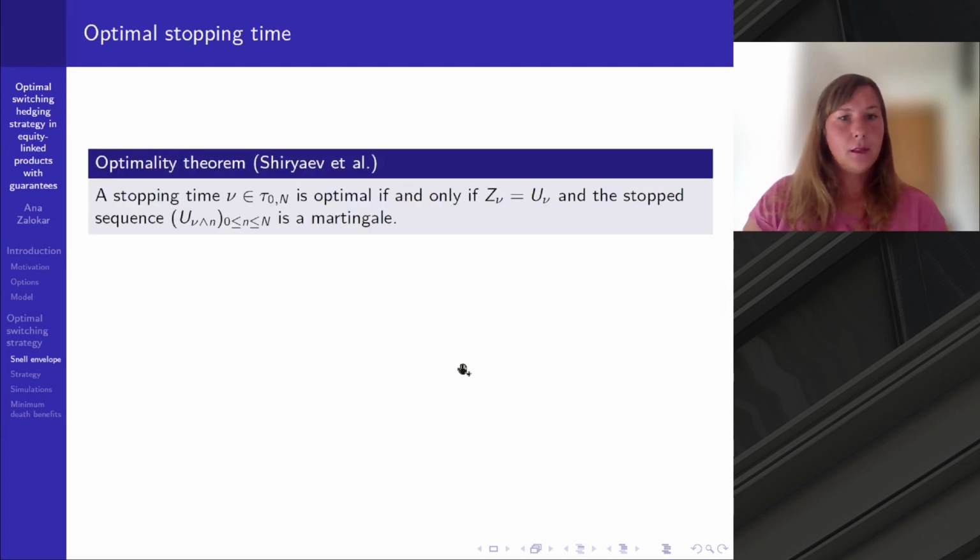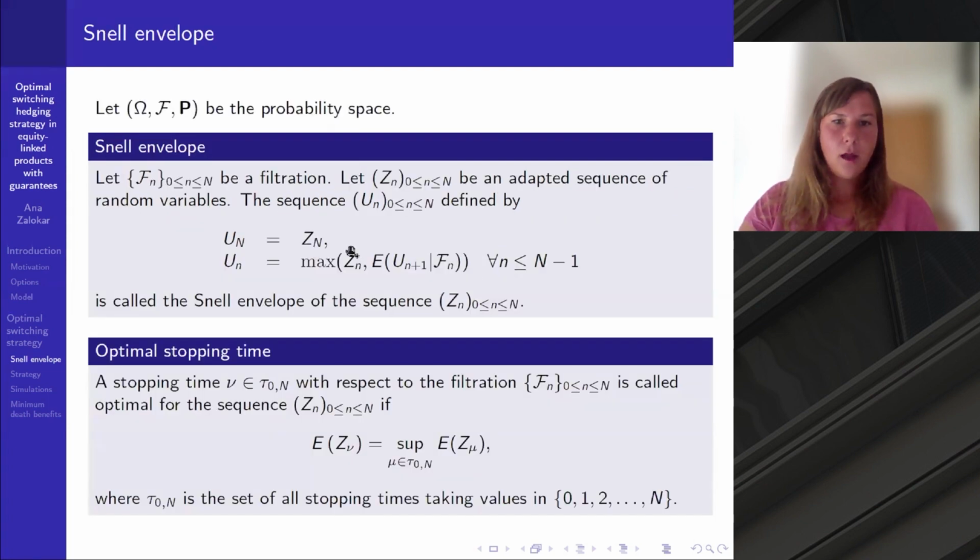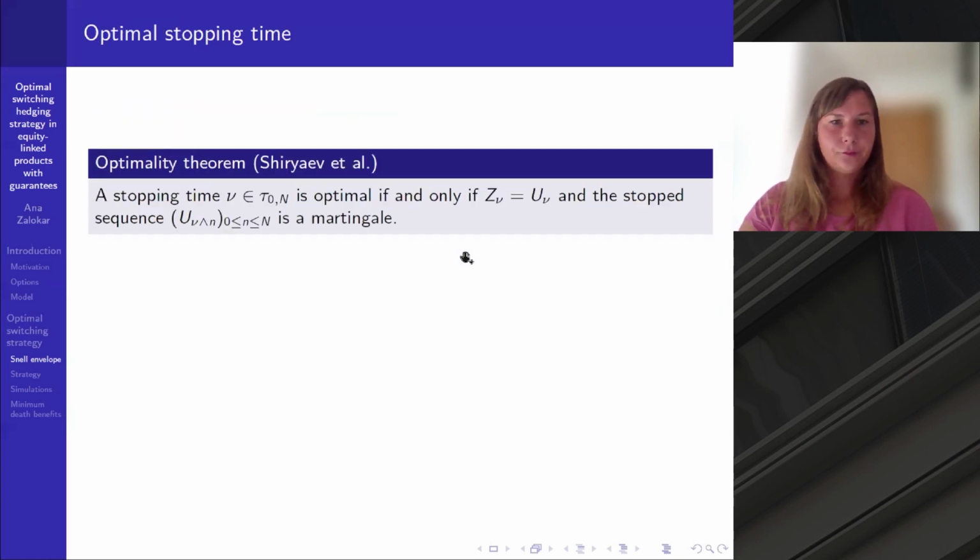Optimality theorems give us that a stopping time nu is optimal if and only if Z mu nu equals U nu and the stopped sequence is a martingale. So a stopping time will be optimal if we go one step back, when Un equals Zn.